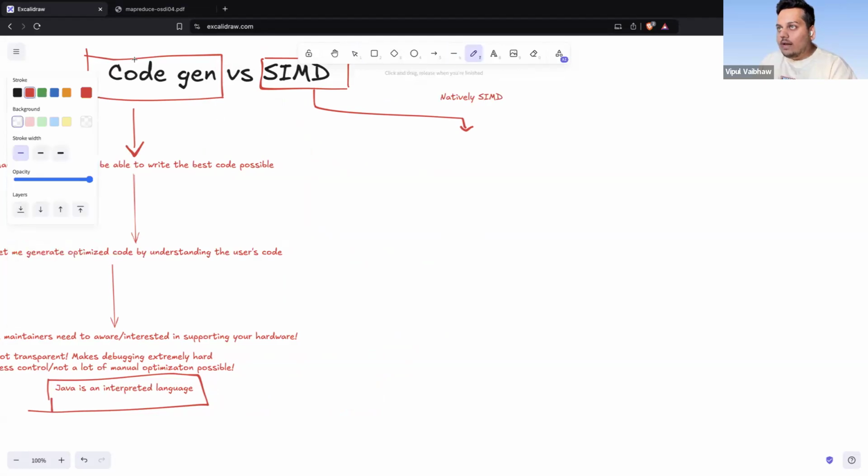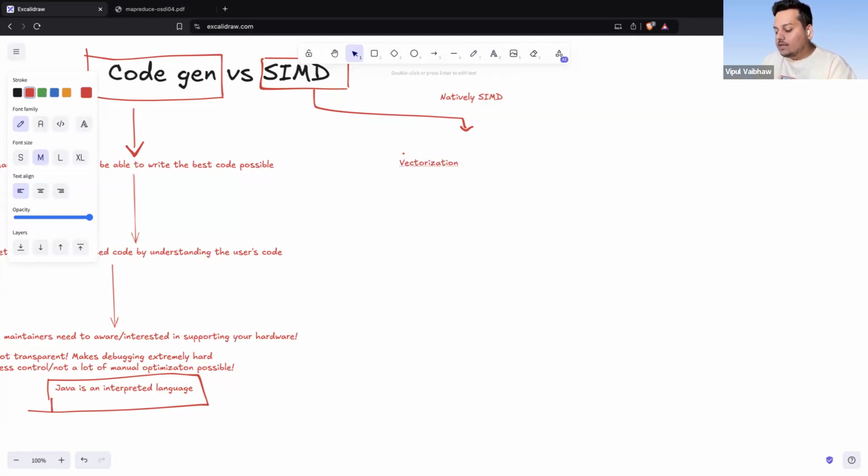So instead of enforcing the code generation approach, why don't you enforce vectorization as a first principle?